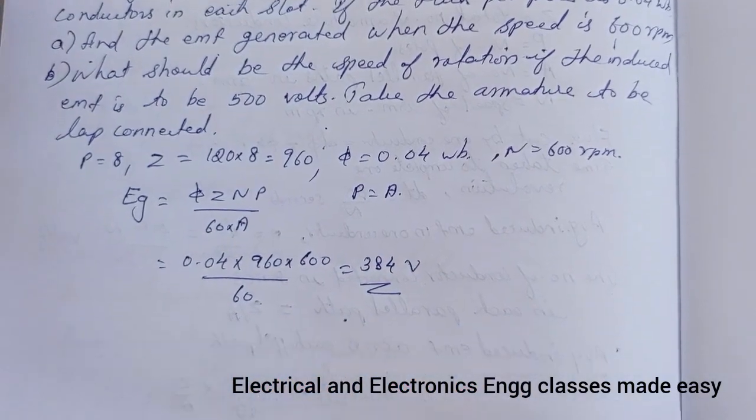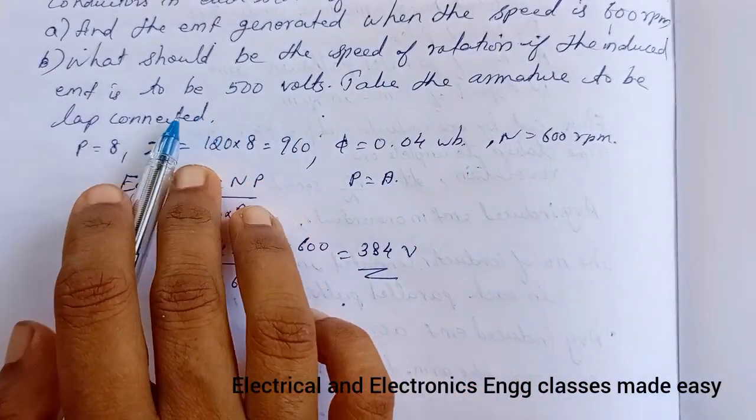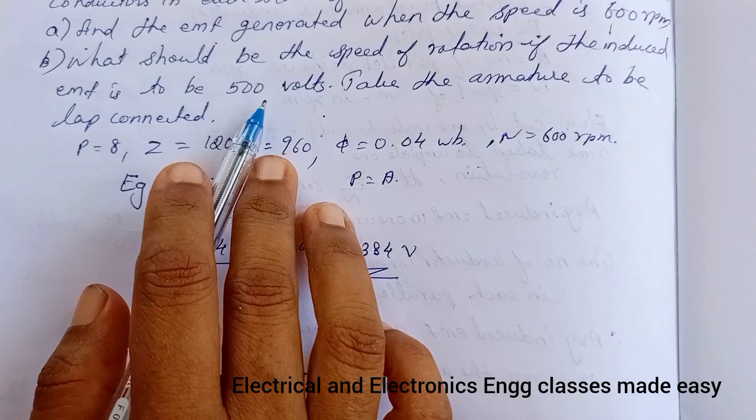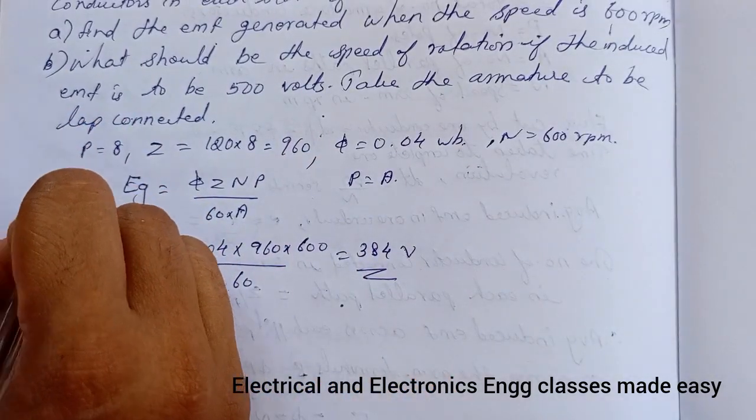In the second question, we have to find the speed when EMF is 500 volts. So this is the first case.